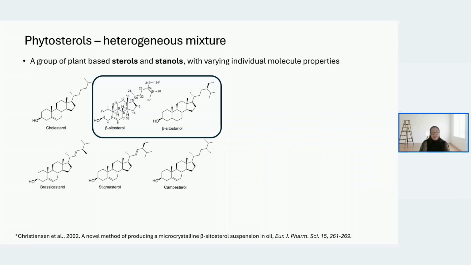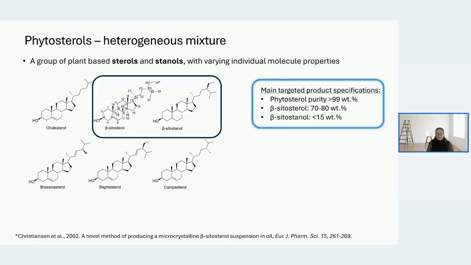Stanols in general are sterol analogs with saturated forms, so they don't have double bonds in the structure. And as I mentioned, we are targeting to get the product to the food industry, so there are very strict requirements for the final product. I'm not going through all the details of the specifications, but just mention the main ones relevant to our work.